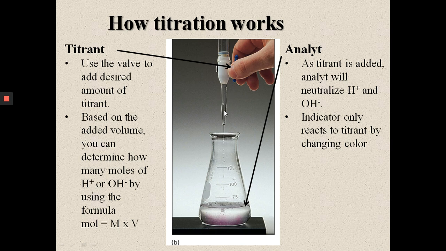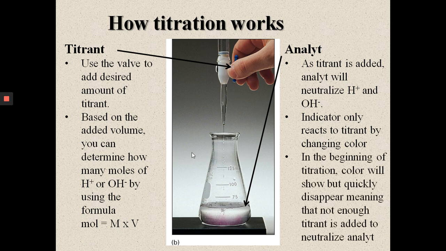Eventually, when you add enough of the acid from the titrant, you are going to make the entire solution acidic, right? And that's exactly when you pass the equivalence point, and the indicator will let us know that you have passed the equivalence point by changing its color.